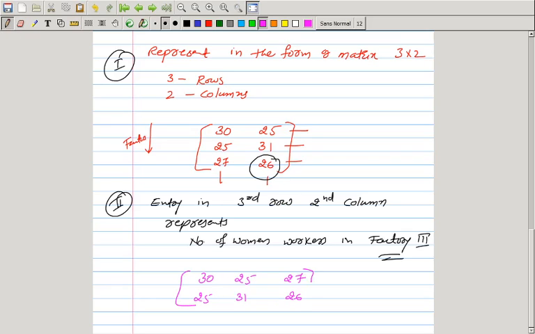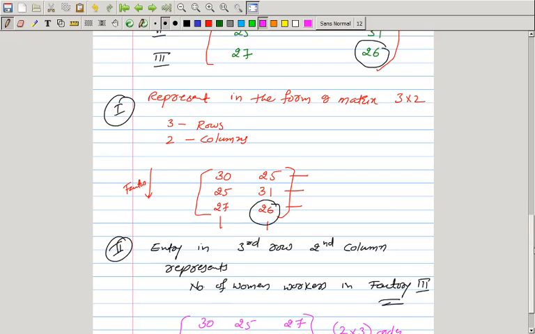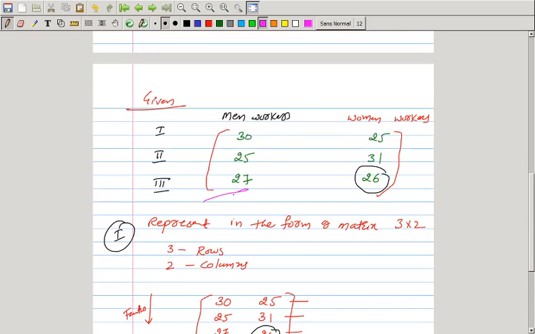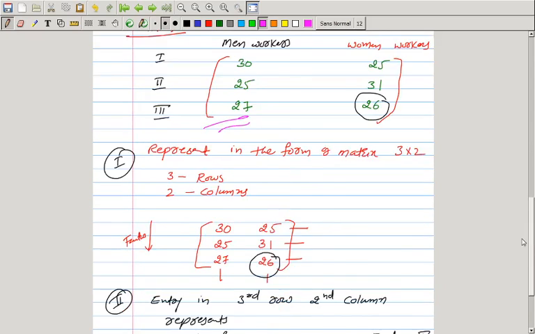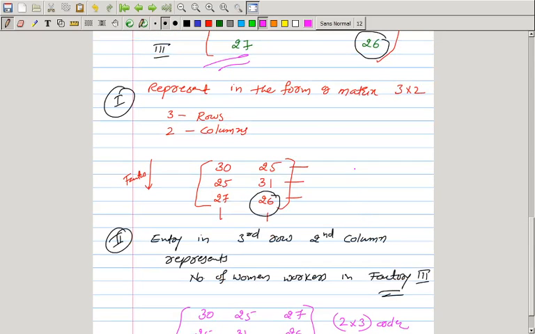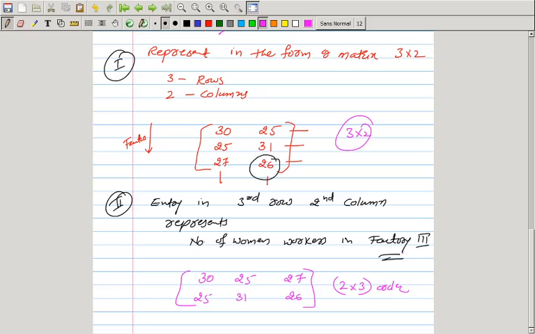So this is how I can represent the same given information as a matrix of order 2 cross 3. So both of these are correct. Depending on what order you want, you can represent the same information in a matrix of two different orders. The first one is a matrix of 3 cross 2, or you can also represent the same information in the form of a 2 cross 3 matrix. So depending on what you are asked, you have to solve, right? So this is our first example.